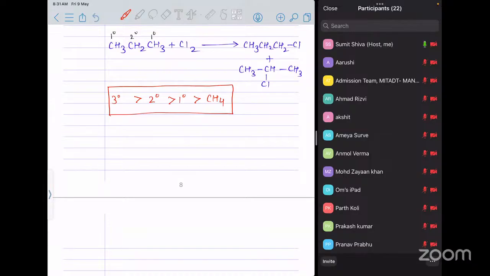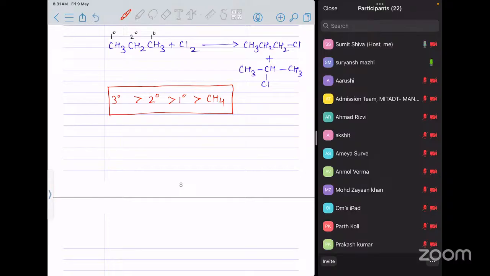Are you getting it? And there will be as many products as there are types of carbon. If you have 3 types of carbon in the compound, 1 degree, 2 degree, 3 degree, there will be 3 types of product: product due to 1 degree carbon, product due to 2 degree carbon, and product due to 3 degree carbon. Understood?